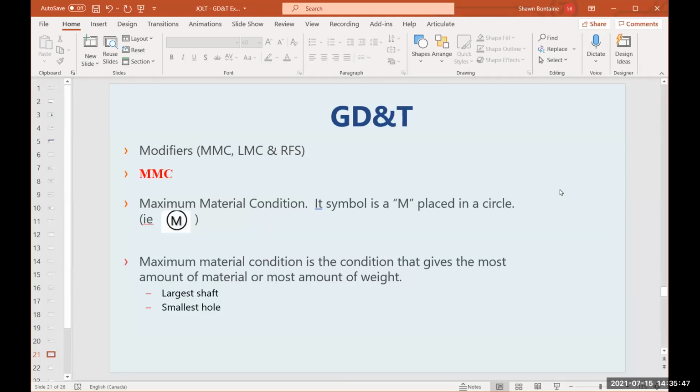So when we are talking about maximum material condition of a shaft, we're talking about the largest allowable physical feature size based on the tolerance applied to the feature. In the case of a hole, in order to have the most amount of material, the smaller the hole that's produced in your part, the more physical material you have. Therefore, maximum material condition is the smallest allowable hole.